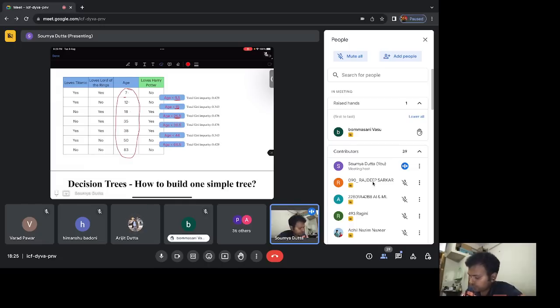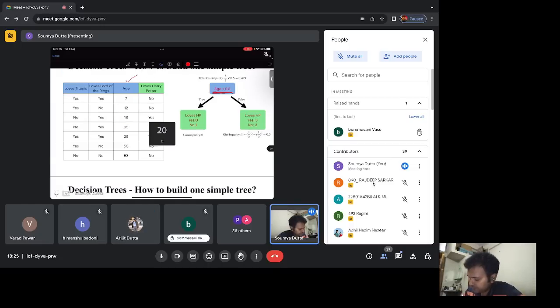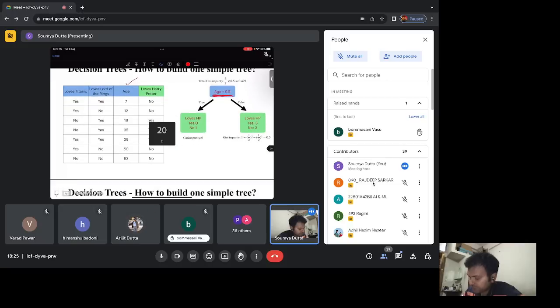Now you take each of these splits and you compute the Gini impurity index based on that. The major concern here was how to get these splits, and that is solved very easily by taking the midpoint of all these values and taking that to be your split point. For example, I have shown the first split point. Let's say I have taken 9.5, which is the midpoint between 7 and 12.